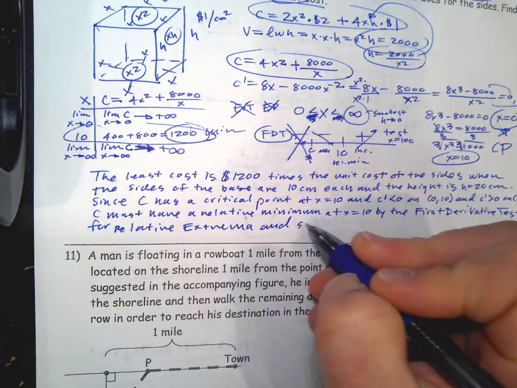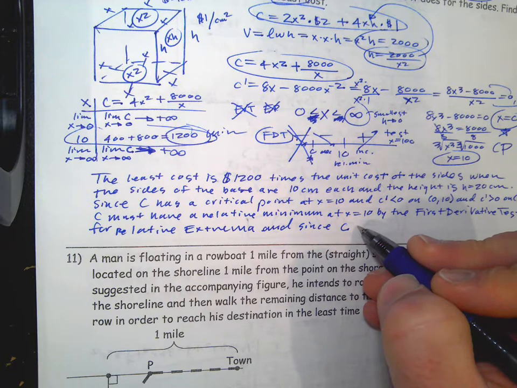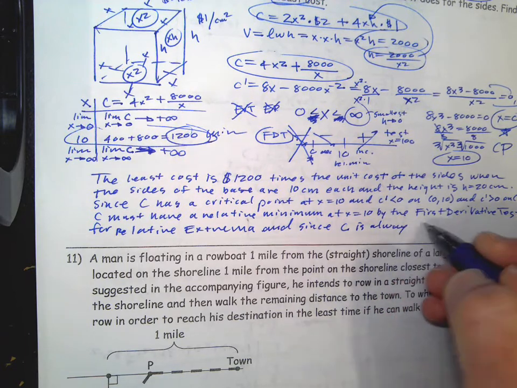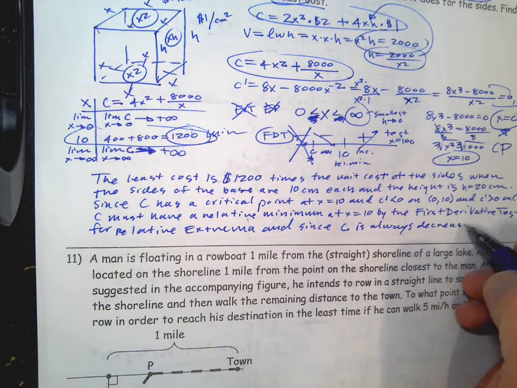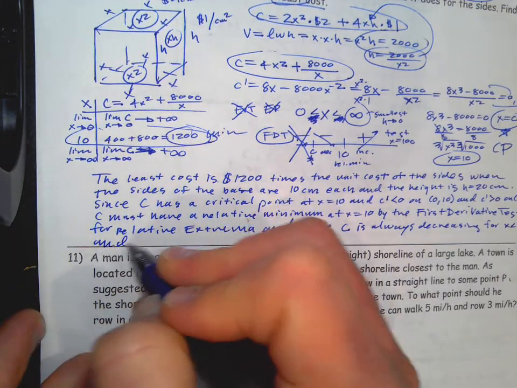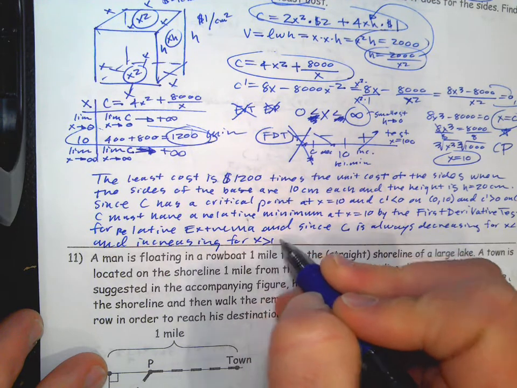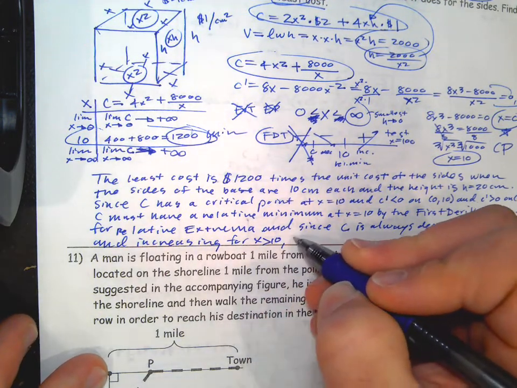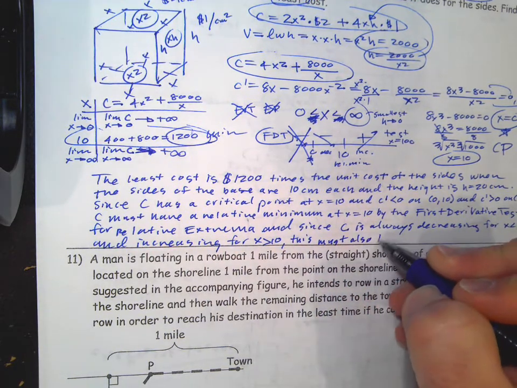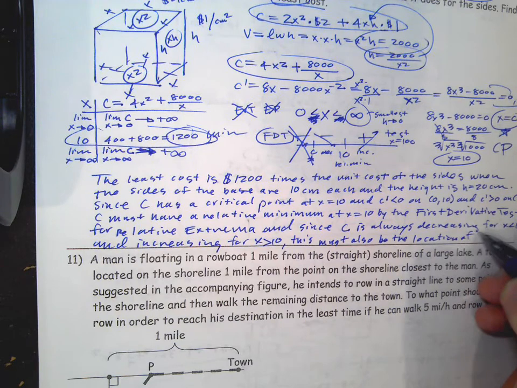And since C is always decreasing for x less than 10 and increasing for x greater than 10, this must also be the location of the absolute min.